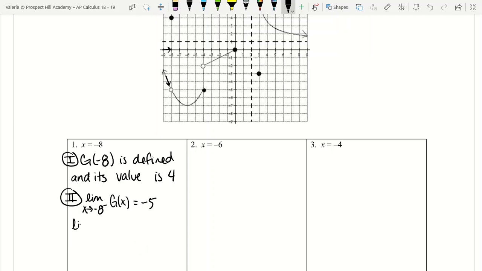And the limit as x approaches -8 from the right of g of x is, again, -5.